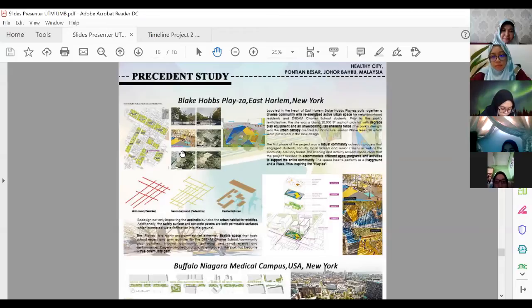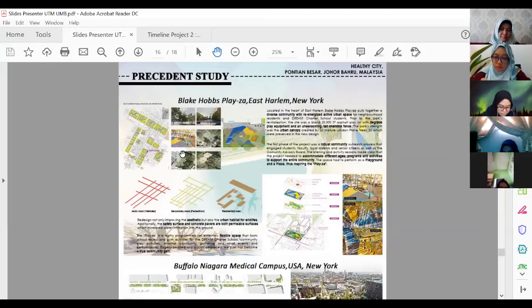I would like to explain my first precedent study. It is located at Black Hawk Plaza, which is in East Harlem, in the heart of East Harlem itself.